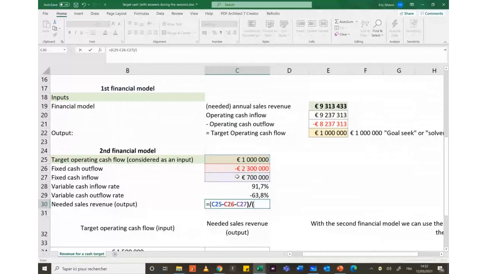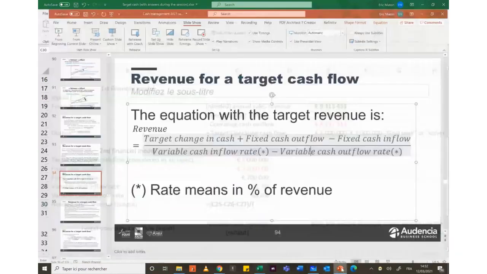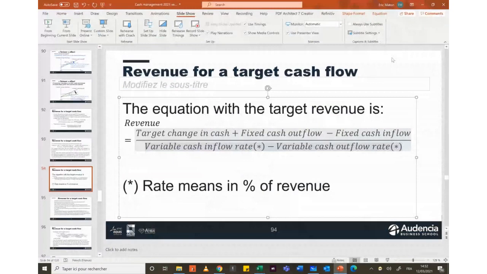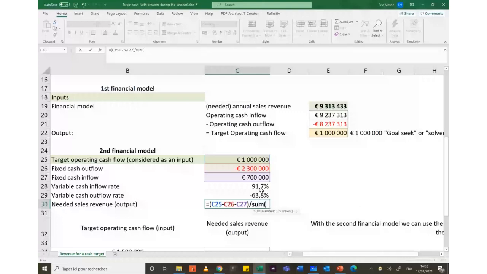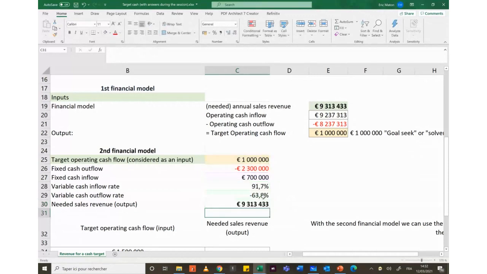Divided by variable cash inflow minus variable cash outflow. So divided by the sum, this one, this one. Okay, so I create the same equation as the equation in the PowerPoint. And now I find the same value, okay, as here.